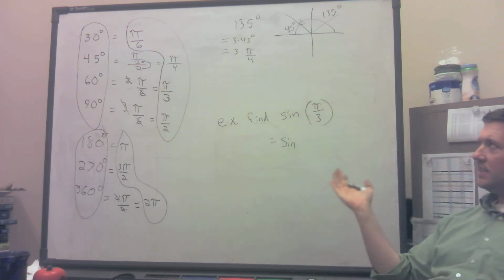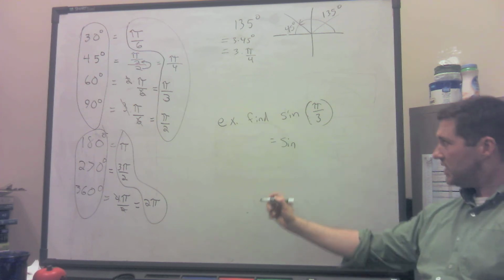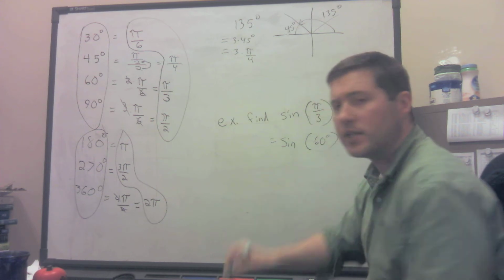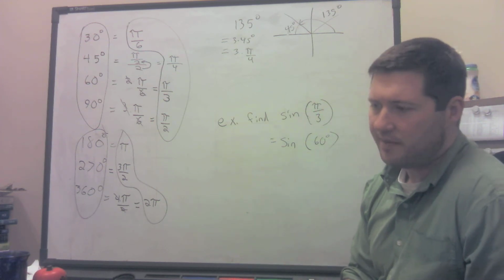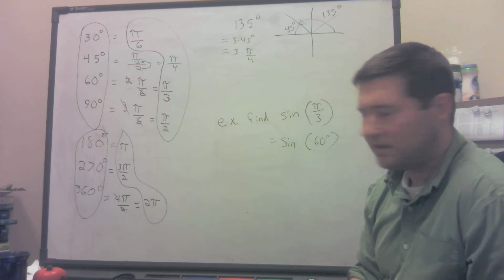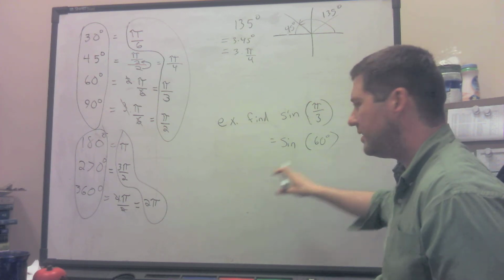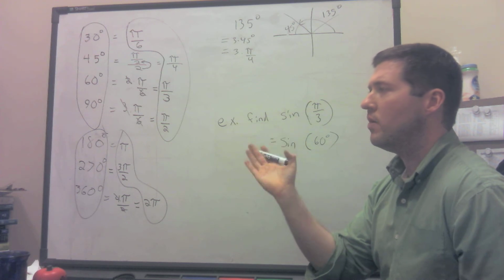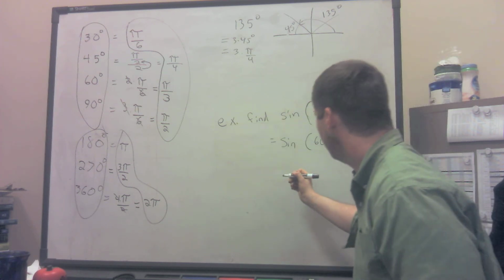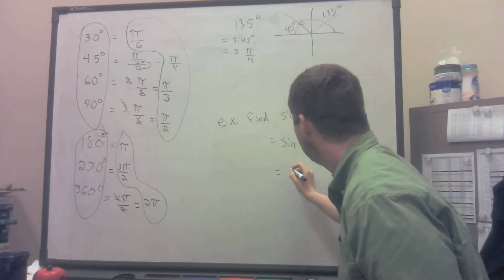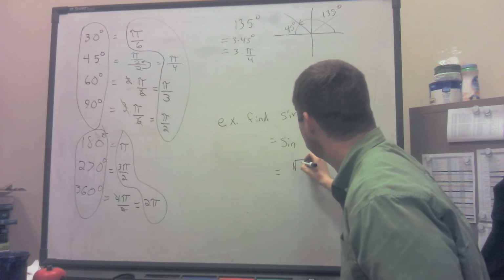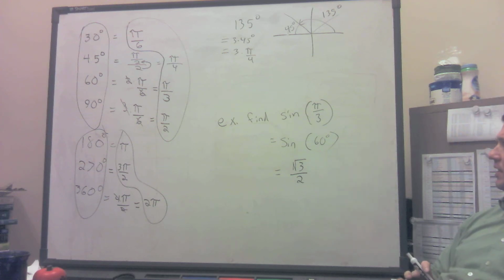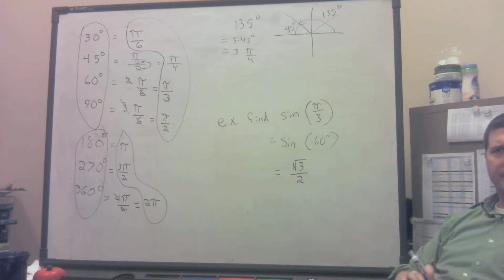Pi over 3 is 60 degrees. So this is the exact same as asking, what is the sine of 60 degrees? Unfortunately for you, you've got that memorized, right? Sine of 60 degrees is square root of 3 over 2. The sine of pi over 3 is just square root of 3 over 2.